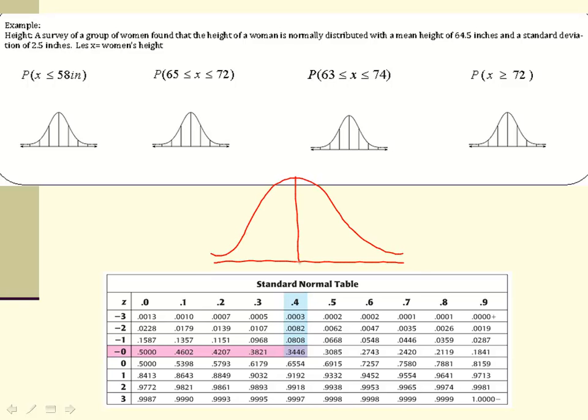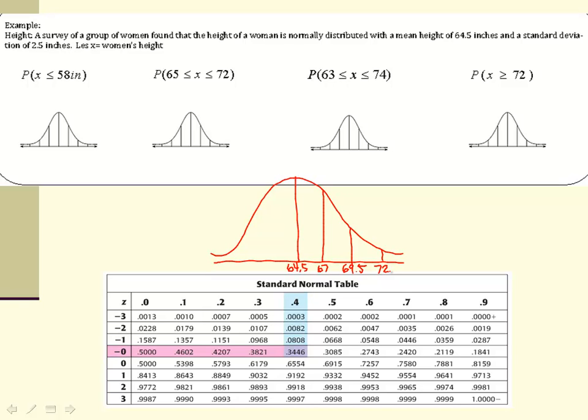We know our average is 64.5 inches. Each deviation is 2.5 inches. So if I go one deviation to the right, I'm going to add 2.5 and get 67. To get two deviations, I'm going to add another 2.5 to get 69.5. To add three deviations, I'm going to add another 2.5 and I'm going to get 72.